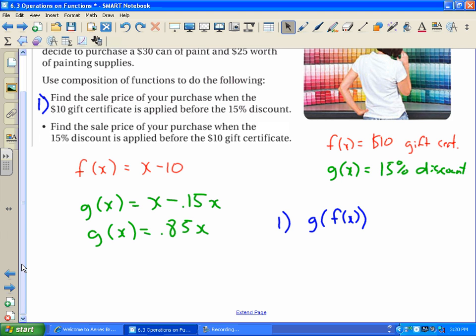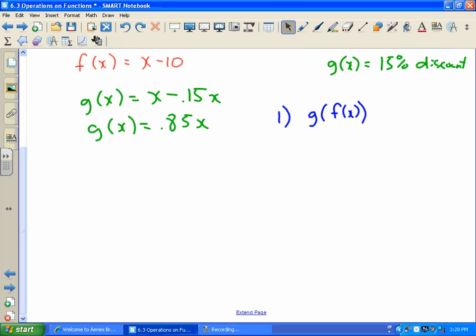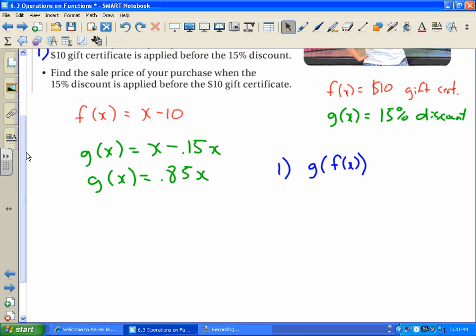Okay. G of f of x. We're going to start with our f of x. F of x is x minus 10. G of x is 0.85x. So this problem is really asking me to find g of x minus 10.